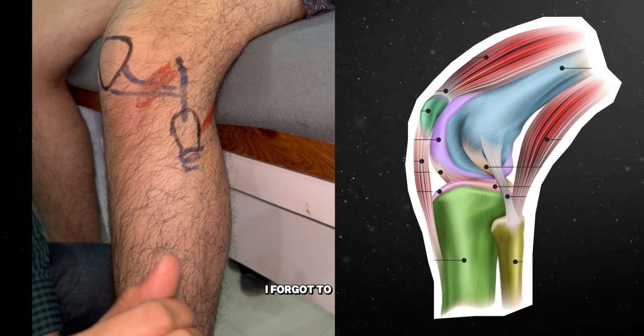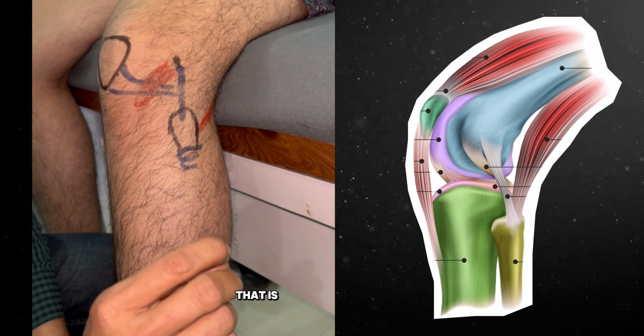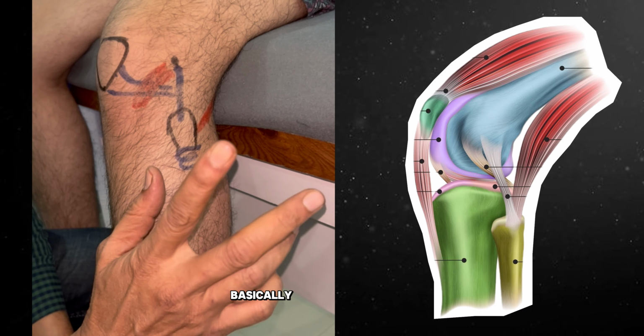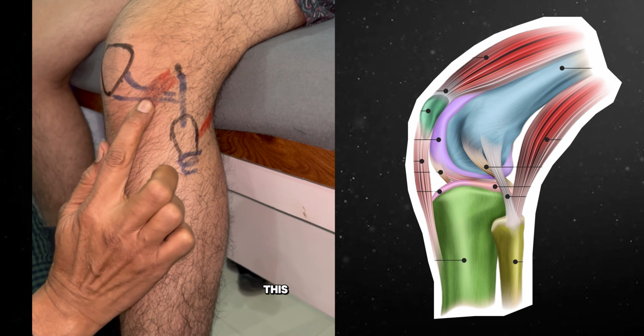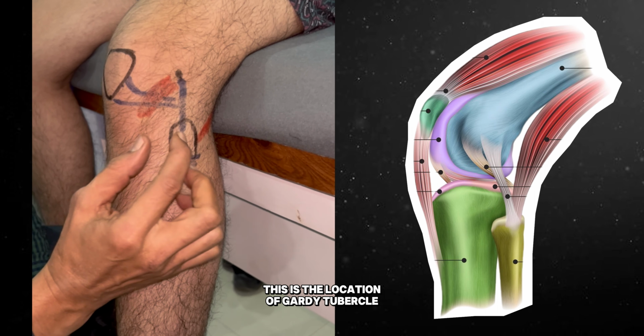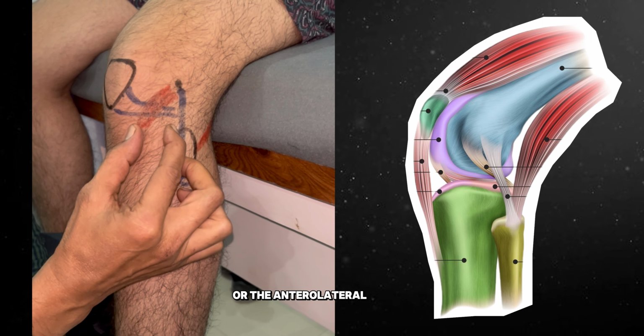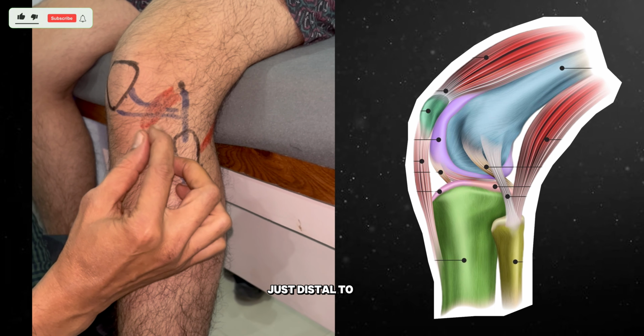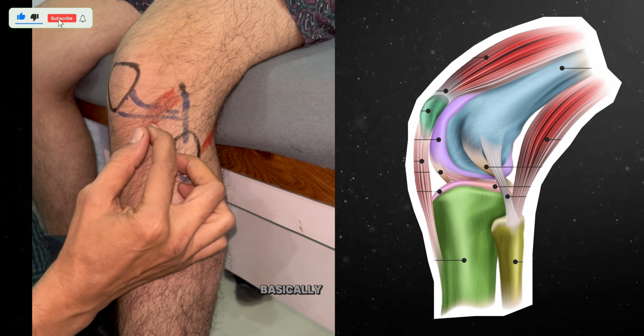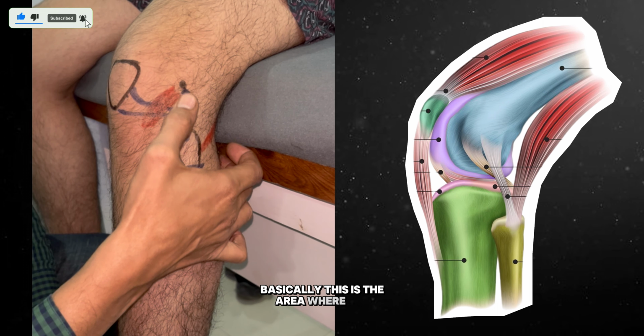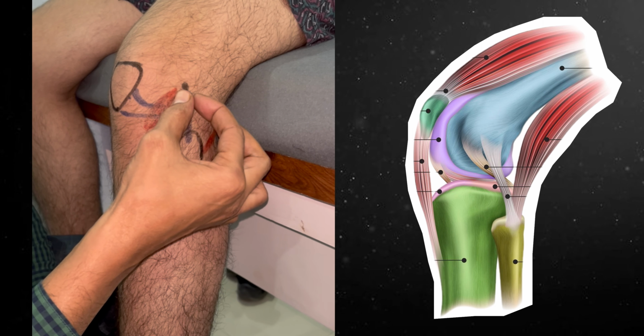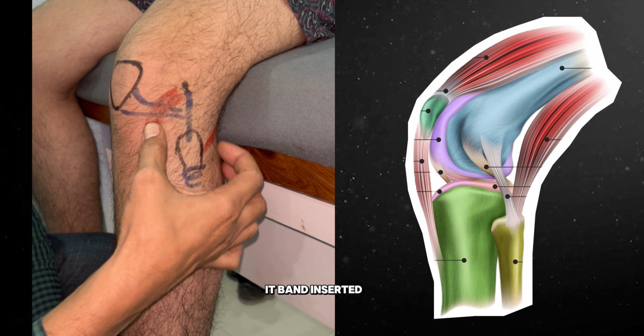I forgot to discuss one more structure, that is Gerdy's tubercle. This is the location of Gerdy's tubercle, the anterolateral aspect just distal to the joint line, and basically this is the area where the IT band inserts.